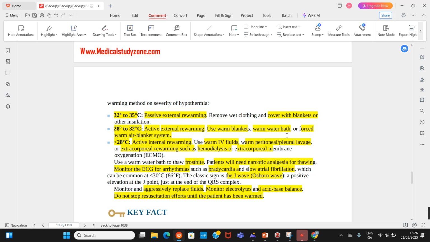So I am actively pouring warm water on the person's body. That's an active approach, but it's external because I'm pouring it on the body. I'm not sticking a needle into the person. Or you can use a forced warm air blanket system. All these deliver heat to the body: warm water bath, forced air blanket system, and warm blankets.